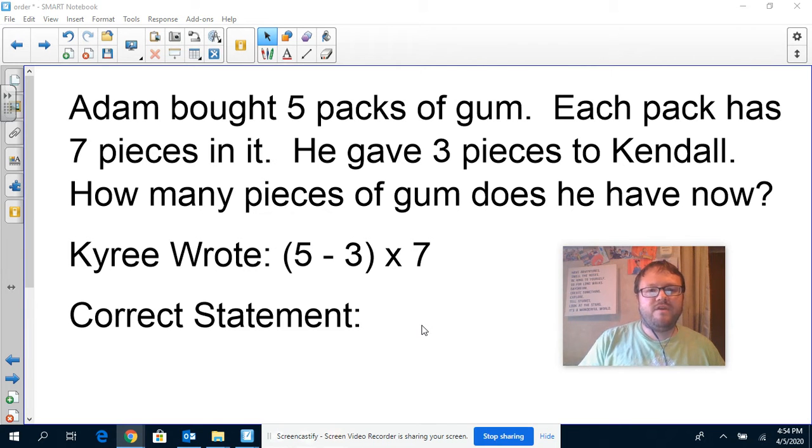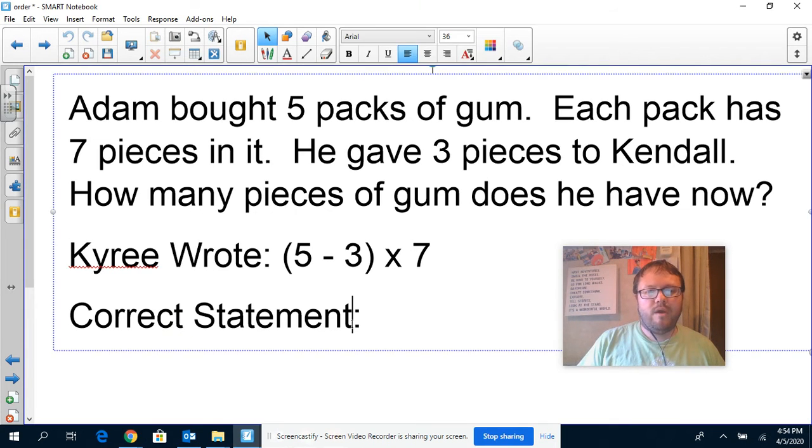So what I have to figure out, and that's that starting point, is we have to multiply 5 times 7 to see how much gum he has first. So then how much gum does he have now? Because he gave 3 pieces to Kendall, so I need to take away 3 of those pieces.